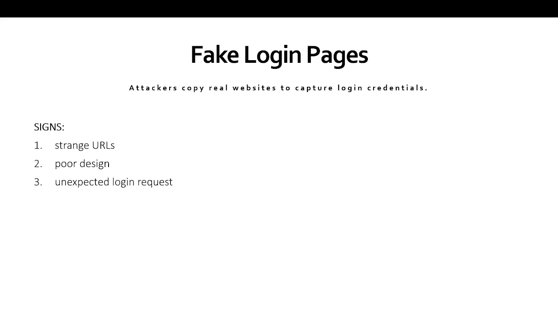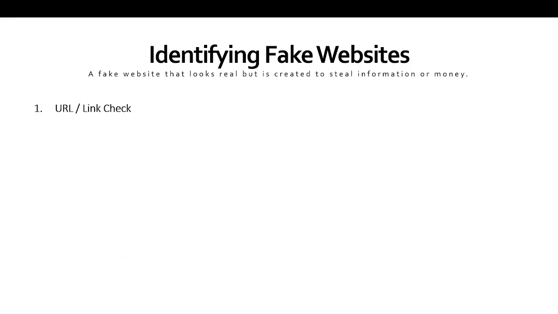What I mean by poor design is it's not looking neat. It just looks like something that someone just threw together, and that is a red flag. Then, unexpected login request. So these are things that help you know a fake page. Most people keep on entering fake pages.